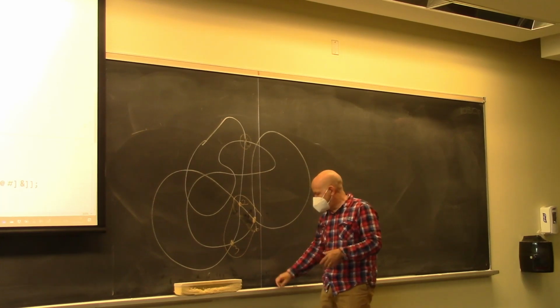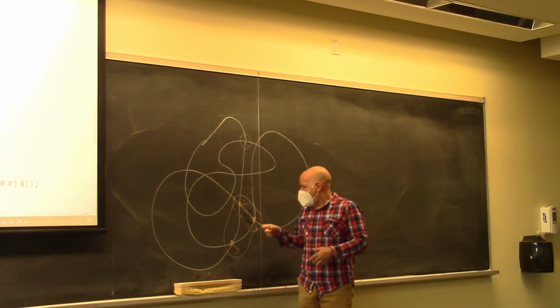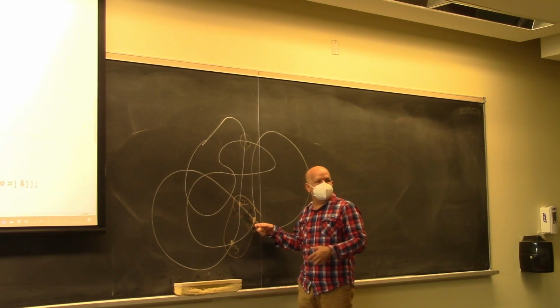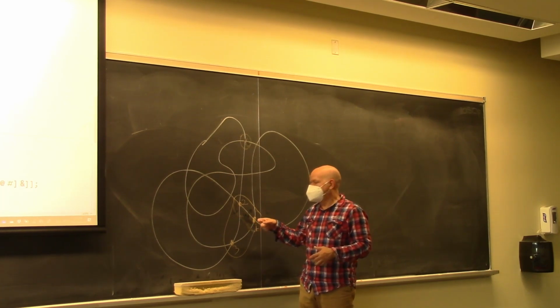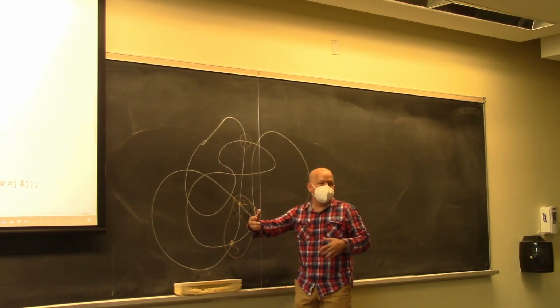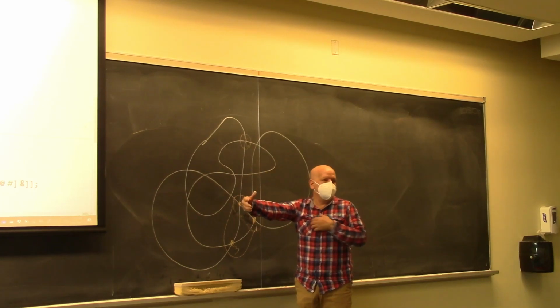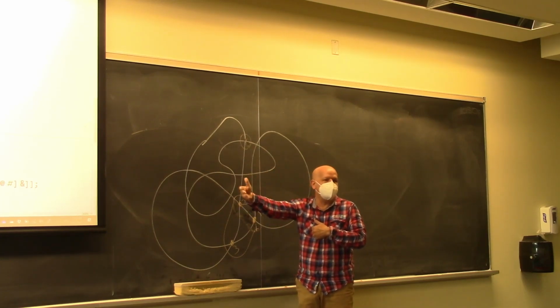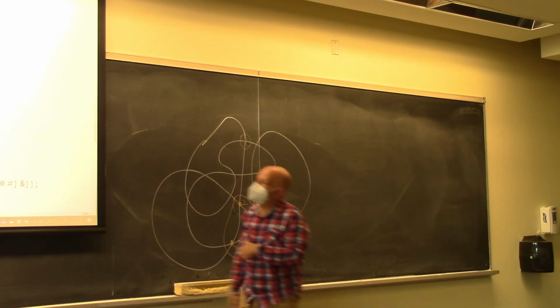So the greedy algorithm is: choose a crossing at random, then at each step add the crossing whose intersection with the front is the maximum. Okay?